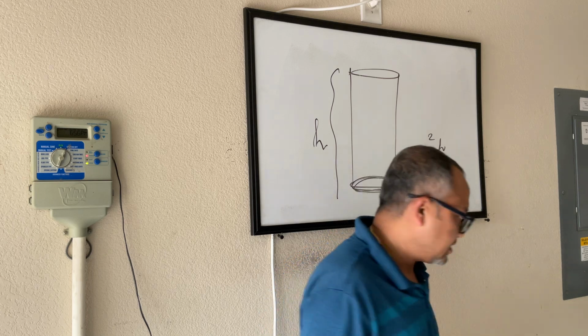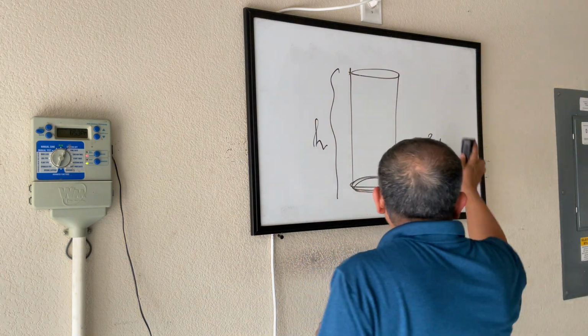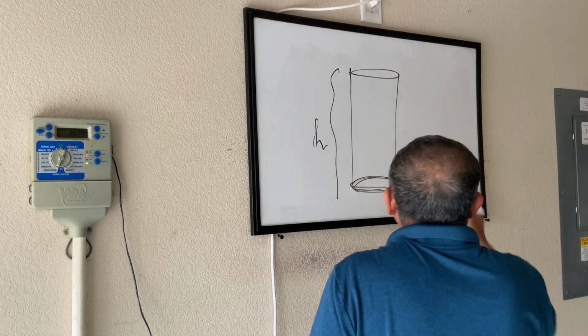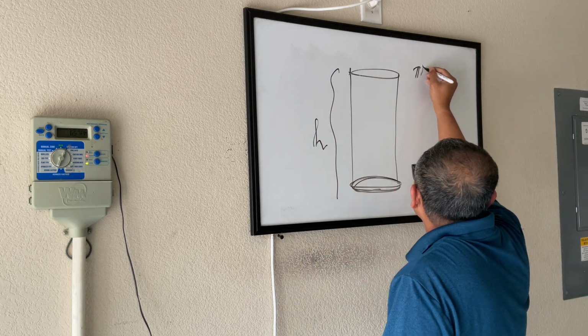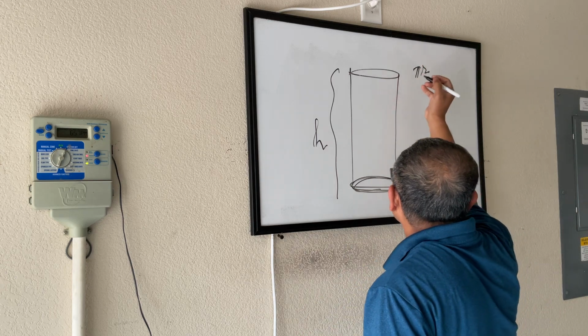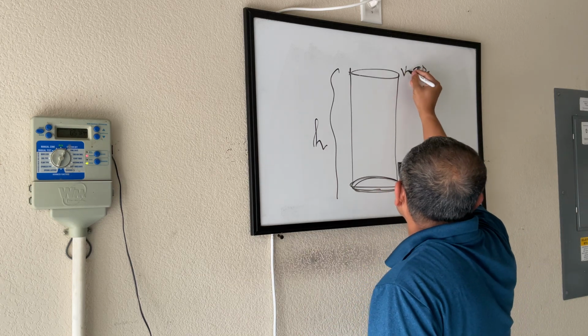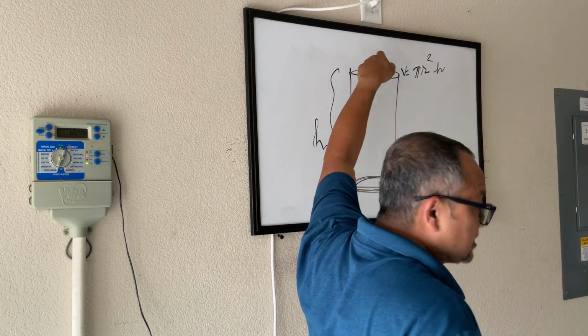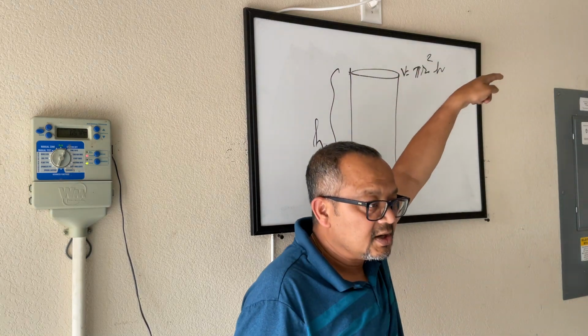Yes, sir. Okay. Now, if somebody says, I have a water tank which is a right cylinder, find out how much volume it has, how much water it can contain. You will say, okay, tell me the radius and how tall is the cylinder, and I will find it out for you.